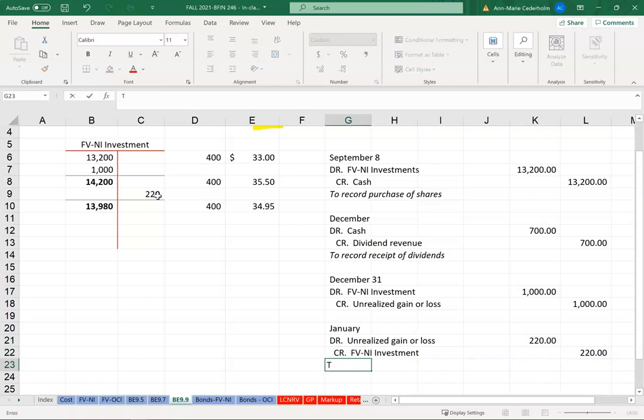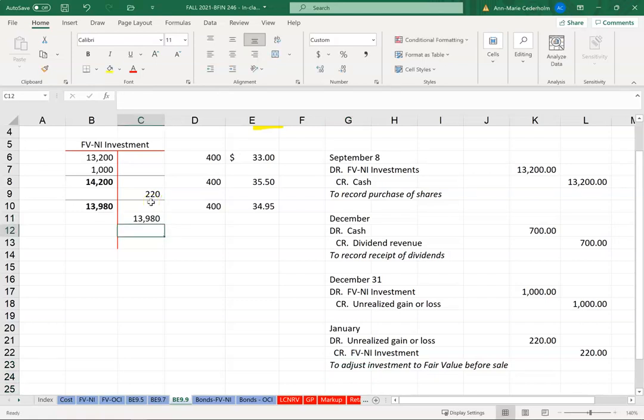So I'll just say to adjust investment to fair value before sale. And now what I can do is get rid of this.